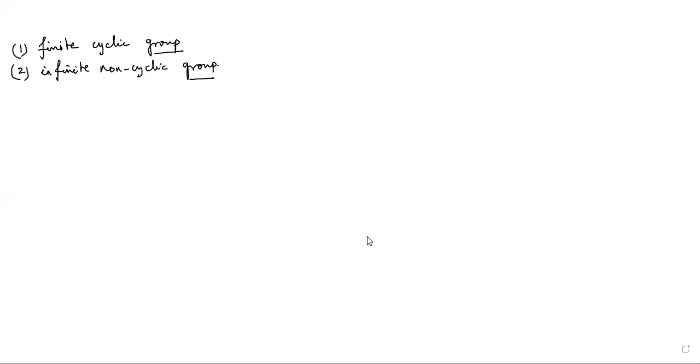two more cases to either disprove or prove the existence of the other two cases that were written in the previous session. For that, I'm going to consider another example where I take a set capital G which contains 4 elements of this form.